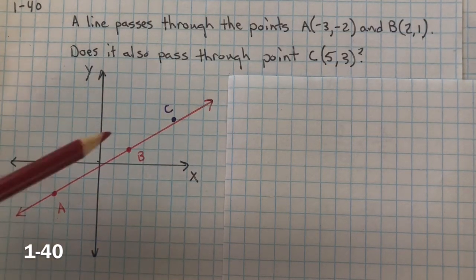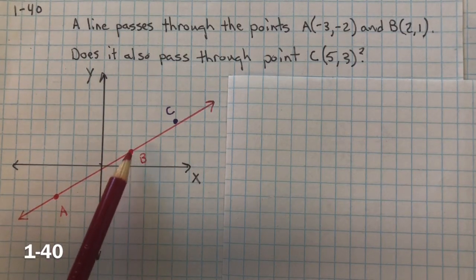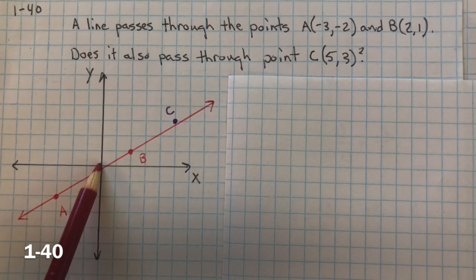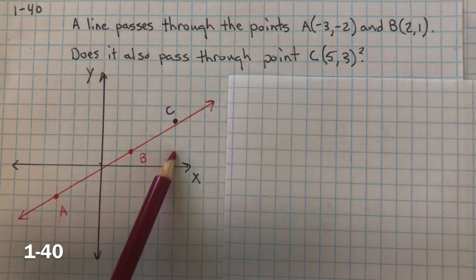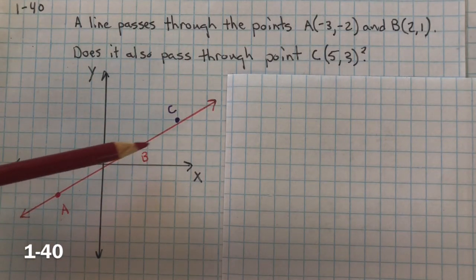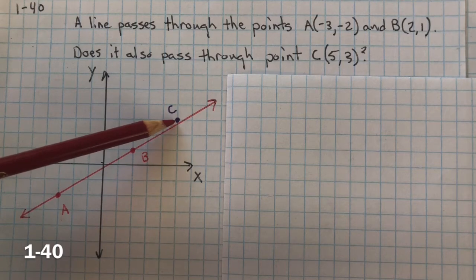There's point A. Point B is at 2 on the x and 1 on the y. And point C is going to be at 5 on the x, 1, 2, 3, 4, 5, and 3 on the y. When we draw a line through points A and B, this line does not pass through point C.